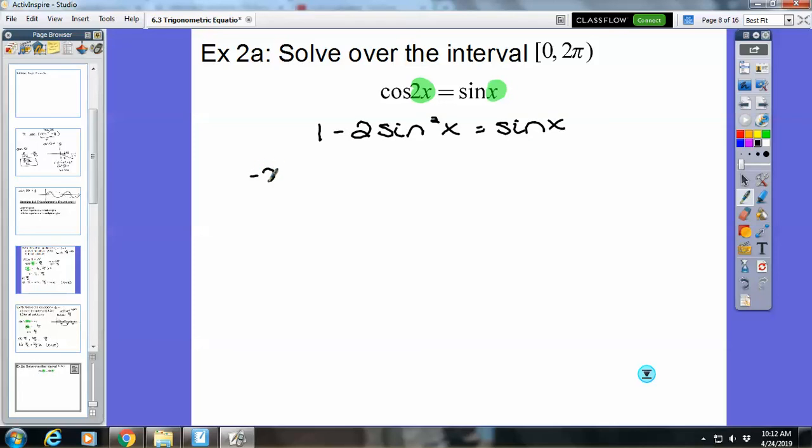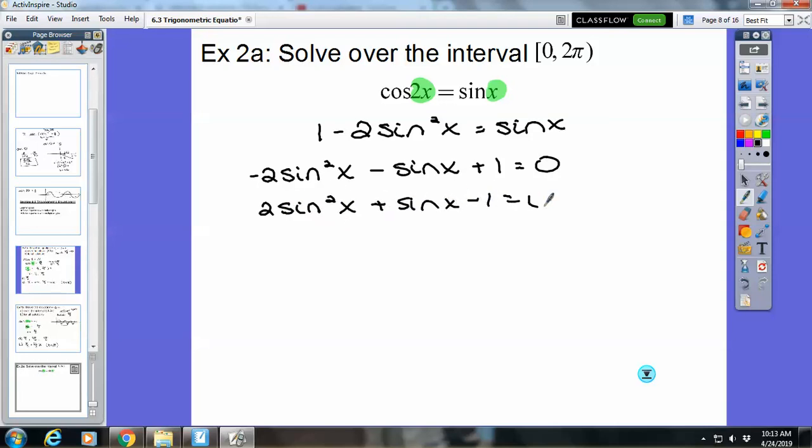Now what do we do? Okay. I'm going to put them in decreasing order. This is a box method, but I prefer to have a positive sine squared if I'm going to do box method, so I'm going to multiply by negative 1. Alright.